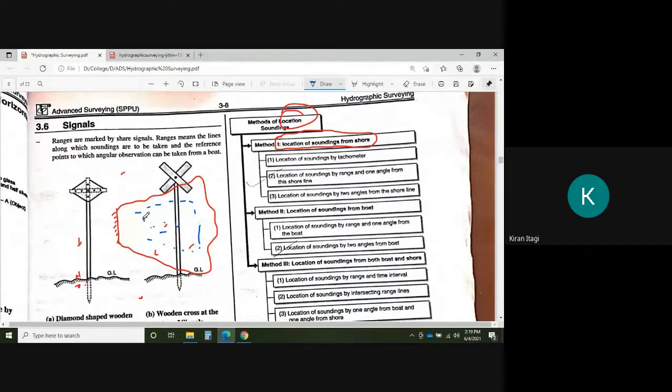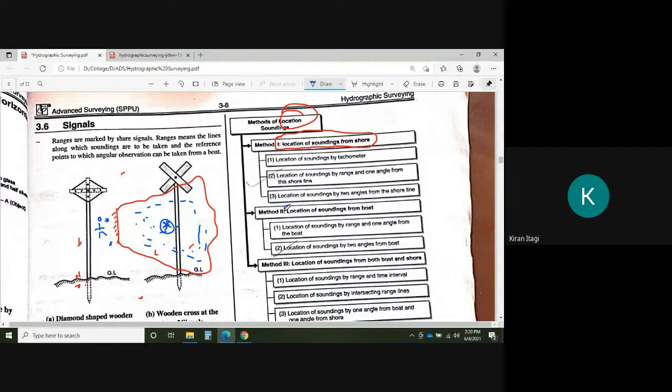You are seeing it from the top, it is a plan. I am standing here and I want to locate the sounding from the seashore. This first method says that locating of sounding from the shore means, standing at this point, with the help of some angles and distances I will locate this point.